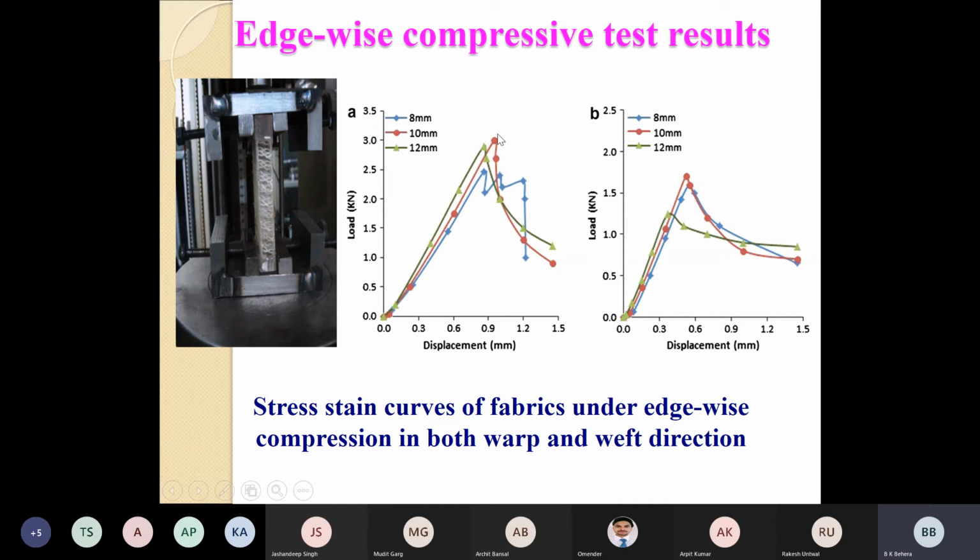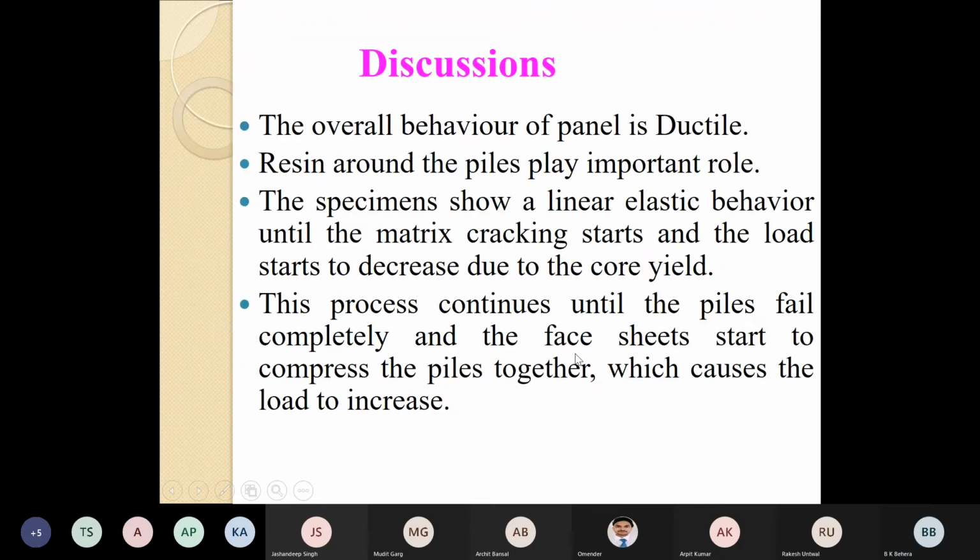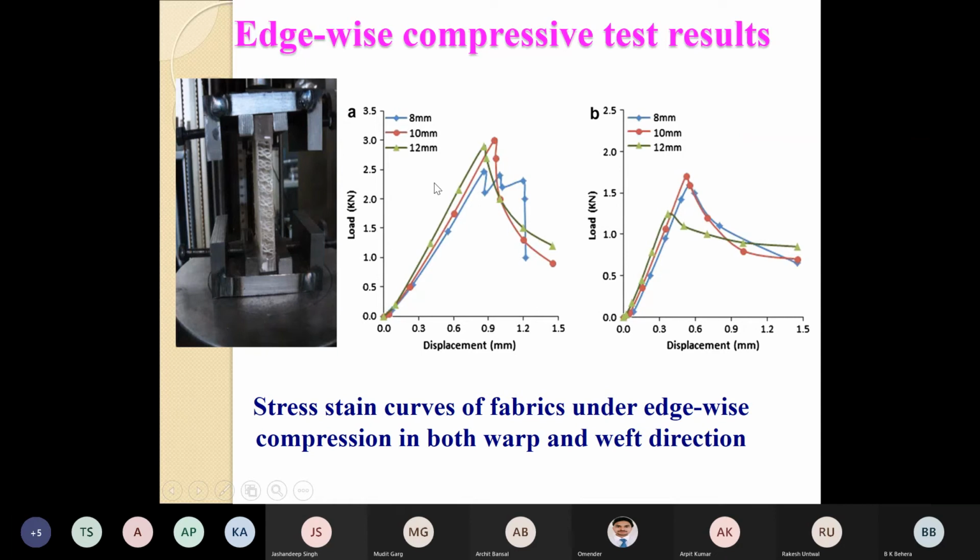So the curve rises up. The difference between thicknesses is not much, whereas the difference of thickness in this case is much more. So when we test them in edge-wise compression, the typical curve looks like this. Same load displacement curve. Edge-wise compression test of spacer composite material.